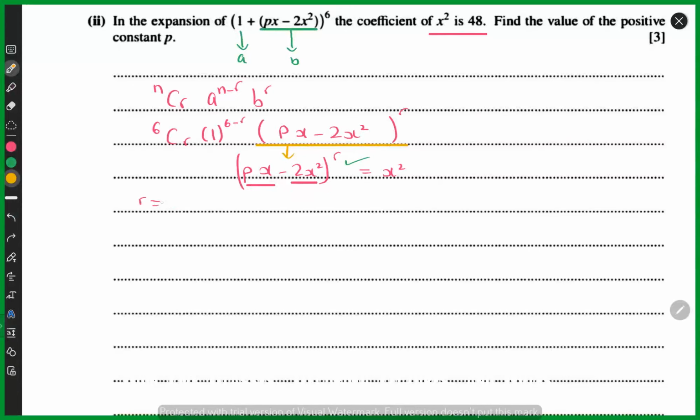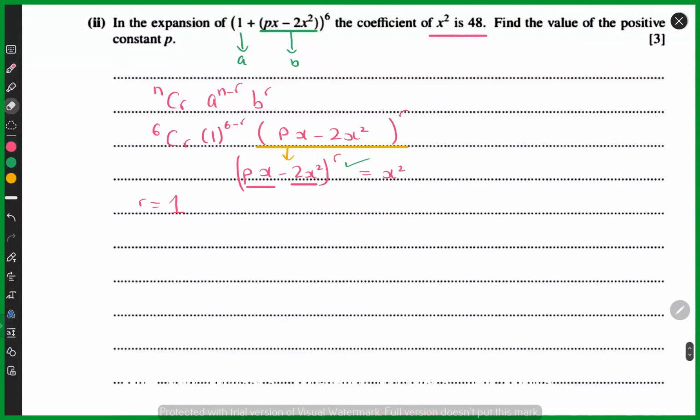If we take r equals 1, what would happen? I would have px minus 2x squared, and still this is not going to work well because this is equal to x squared, and at this point I am not sure how exactly to compare both the terms. So let's try doing it for r equals 2.